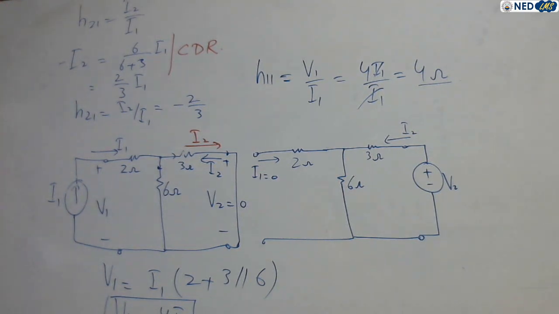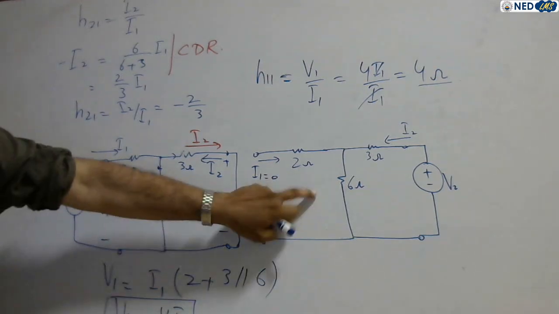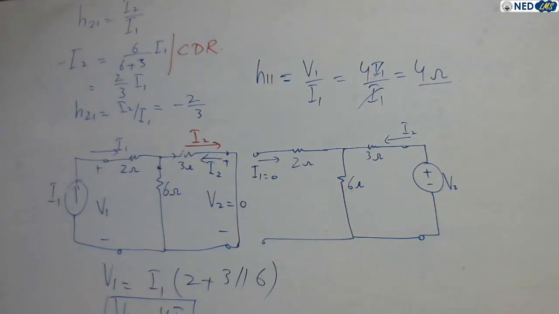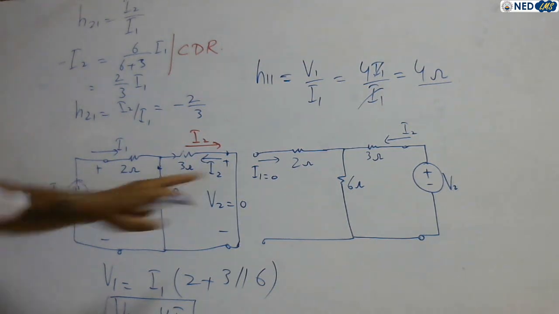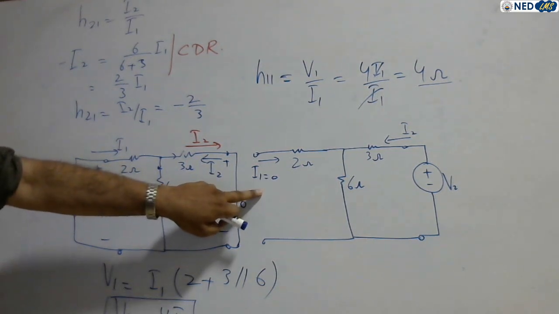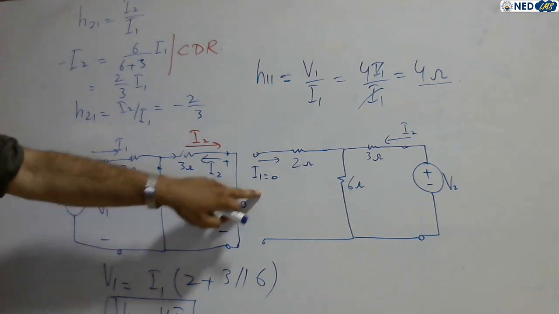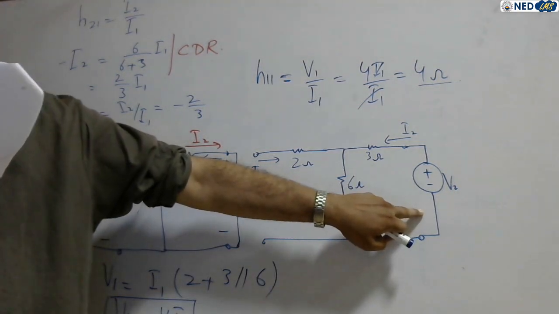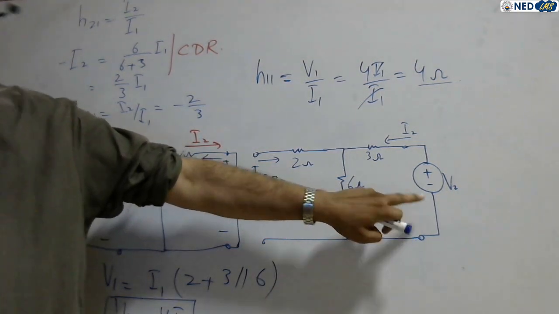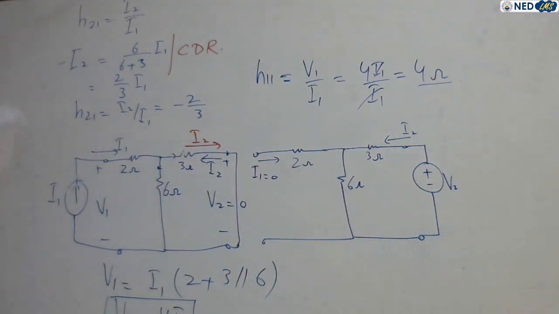Now move towards this circuit to calculate the other two parameters, H12 and H22. These parameters we can find by open circuiting the input port and connecting a voltage source, that is V2, in the output port.